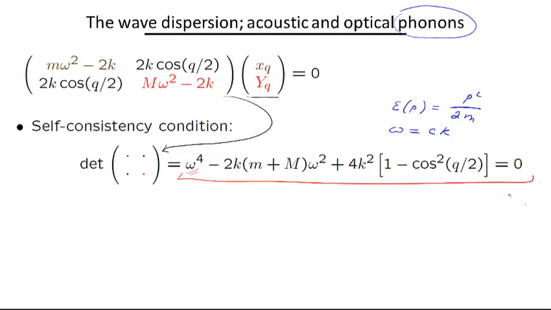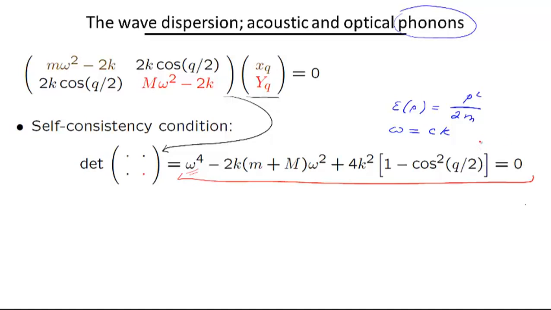So now, before solving this equation, let me go back to the original physical units where the dimension of length is restored. Here we have this q, the wave vector, which is measured in 1 over distance. And remember that my convention was that 2a, a being the length of a spring, was equal to 1.